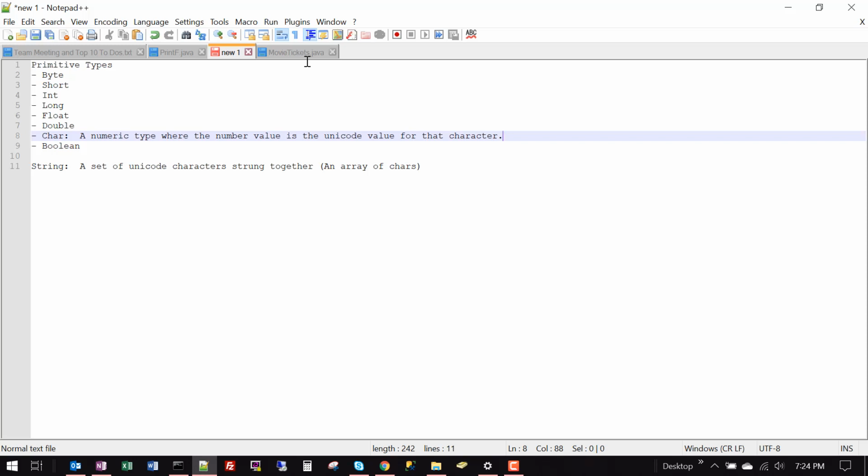Characters within the Unicode set are represented by a numeric value, and that numeric value is used to represent to the operating system what symbol to display.